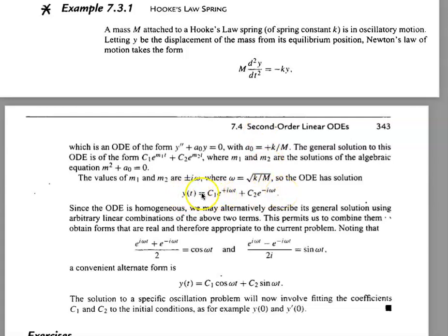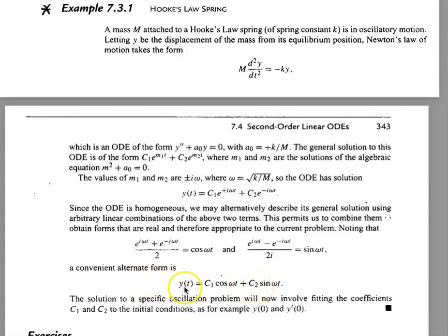That is proof positive that you have a valid solution. So right here, if I wanted to verify this, or here, both of these are the same, they're just written differently. Here they're written in e to the i omega t, or e to the negative i omega t, and here it's written in terms of sines and cosines.